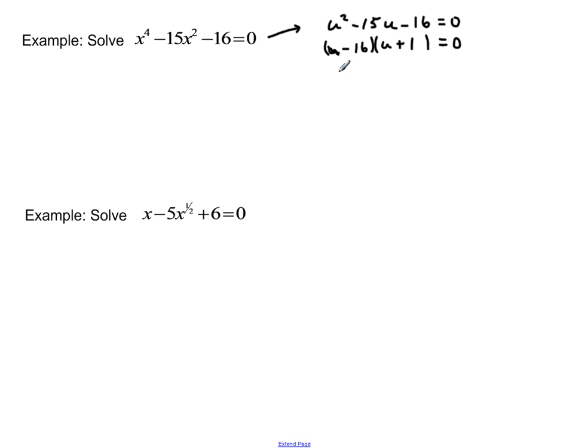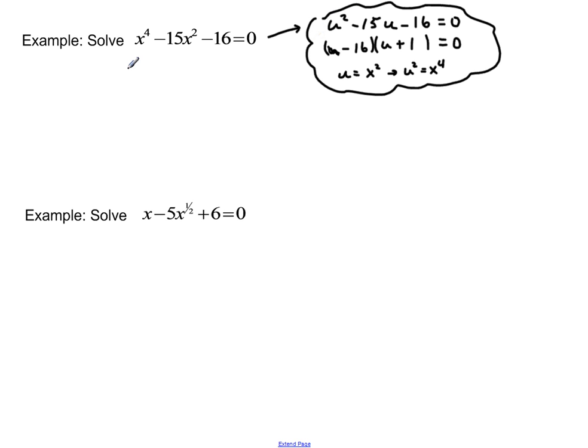Only in this case, it looks as though u is being replaced with x squared, and consequently u squared would become x to the fourth. And so if we look at our factored form right here and compare it to the original problem, we see that we actually have x squared minus 16 and x squared minus 1 is equal to 0.